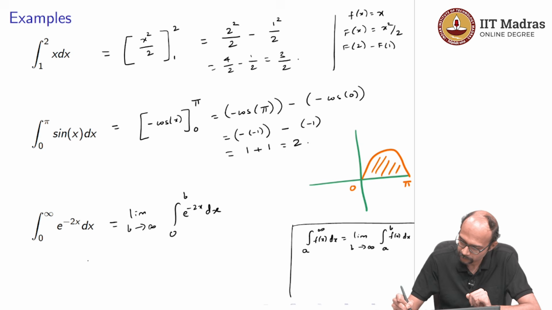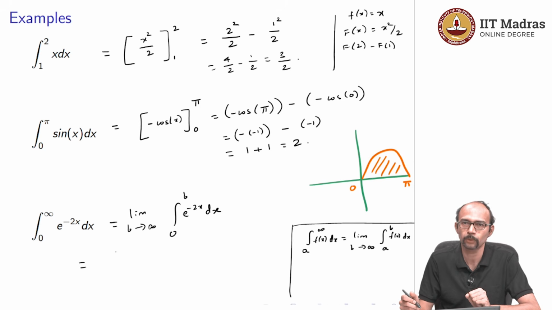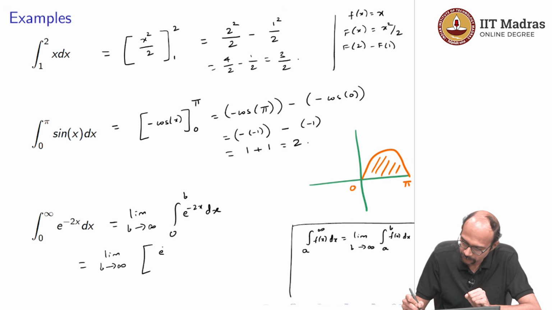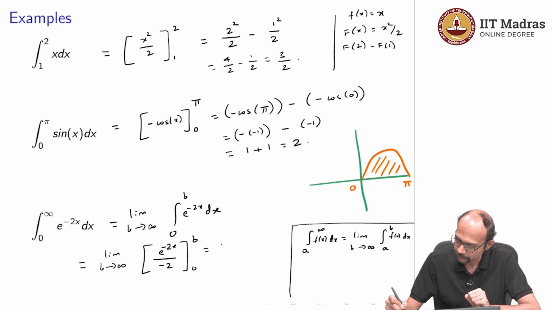So, e to the power minus 2x dx. Well, we know an antiderivative for e to the power lambda x, that was e to the power lambda x by lambda. So, this is e to the power minus 2x by minus 2, from 0 through b. Let us evaluate that. So, we can pull out our minus half.